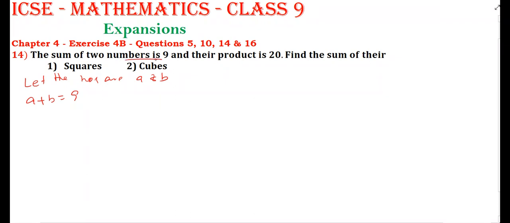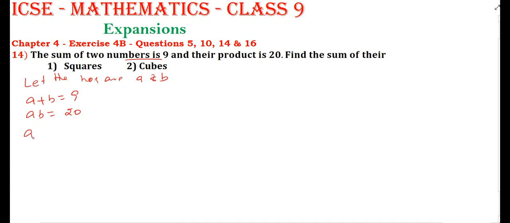So this is what is given. Next, product of these numbers, so AB equal to 20. This is what is given. So now we need to find out the sum of their squares.